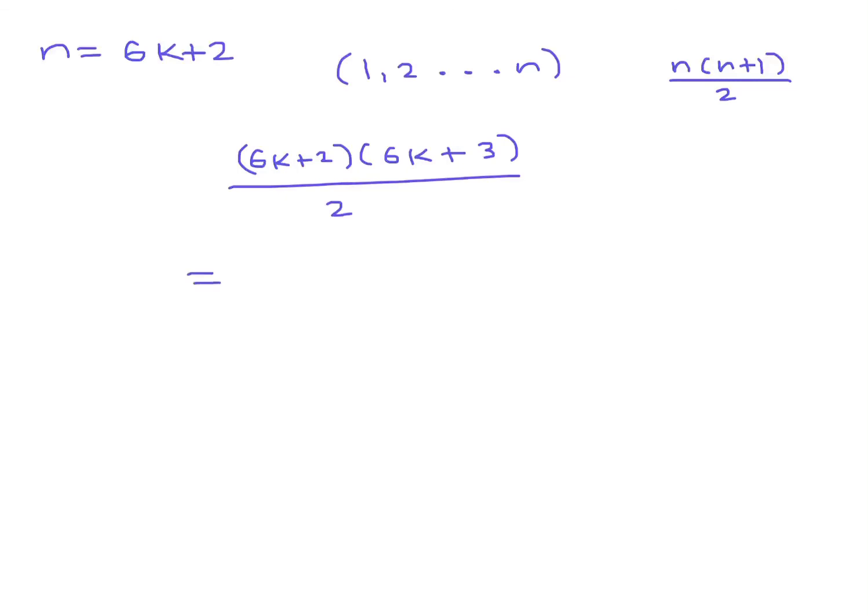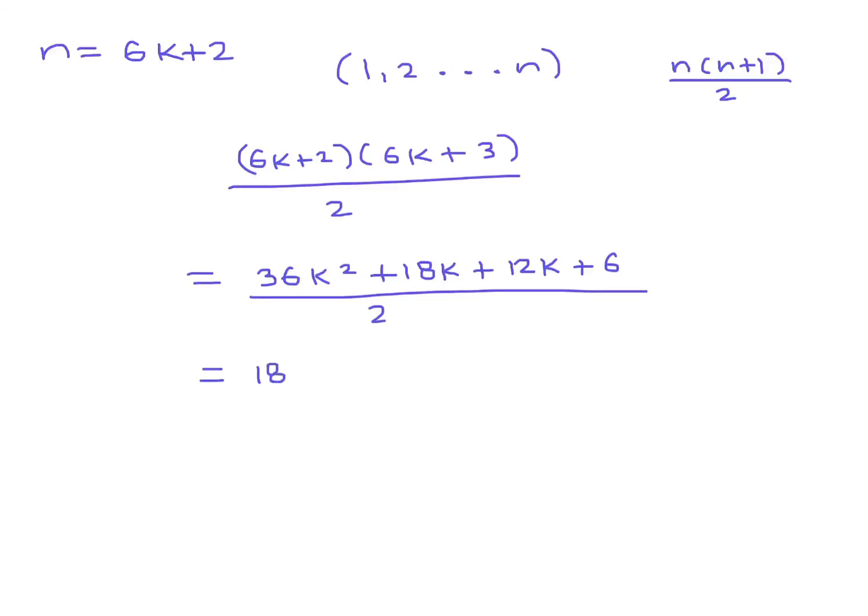If you expand this out, you'll get 36k squared plus 18k plus 12k plus 6 all over 2. And if you divide through by 2, you'll get 18k squared plus 15k plus 3. And this factors a 3, so we get 3 times 6k squared plus 5k plus 1.